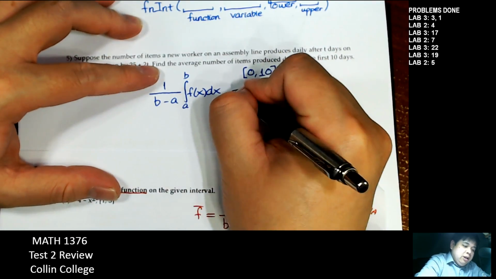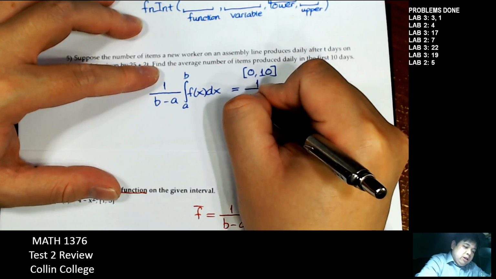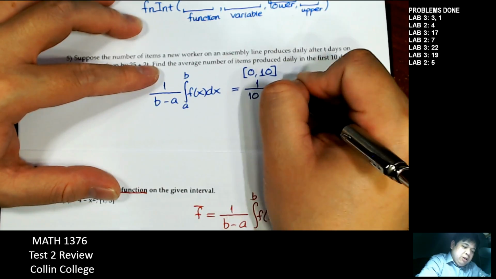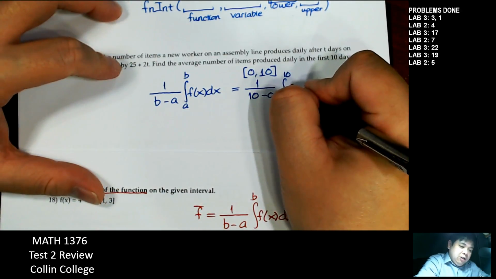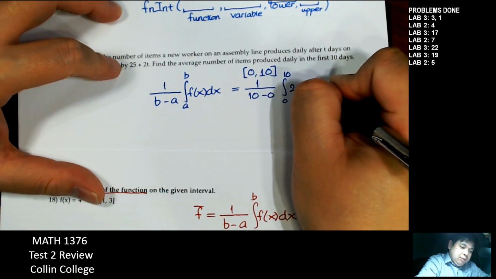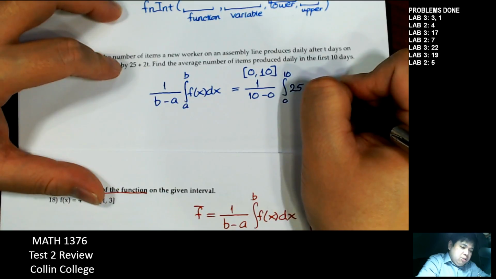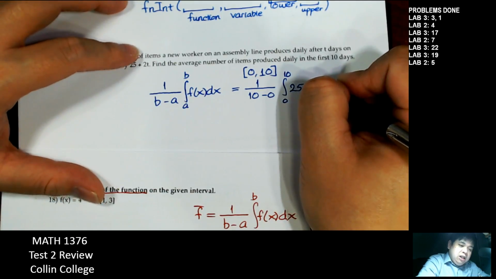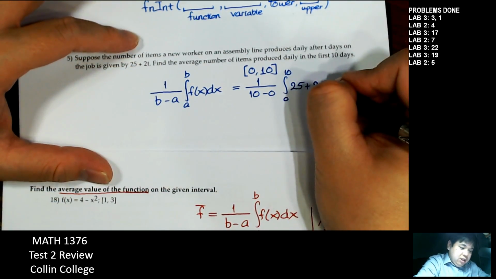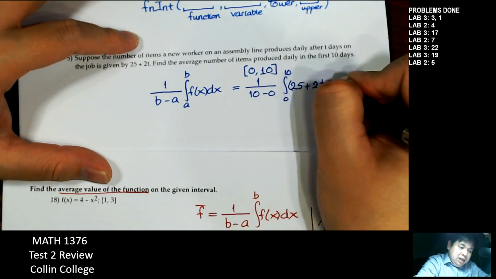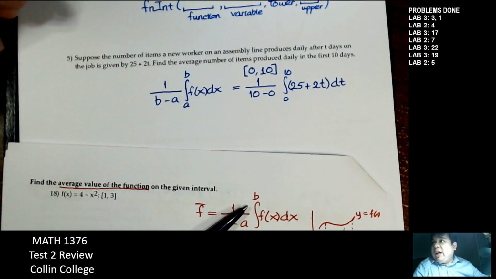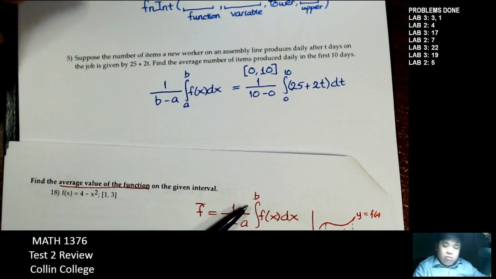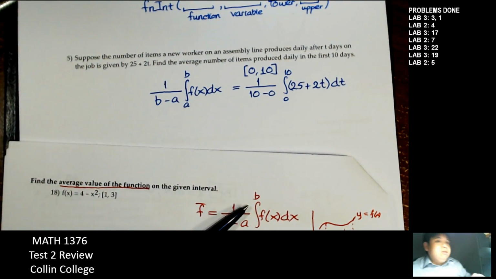So we will have 1 over 10 minus 0, 0 to 10, the function. Doesn't matter, we can use x or t, but if we use t, then it should be dt. If you do that on a calculator, you should have 35.